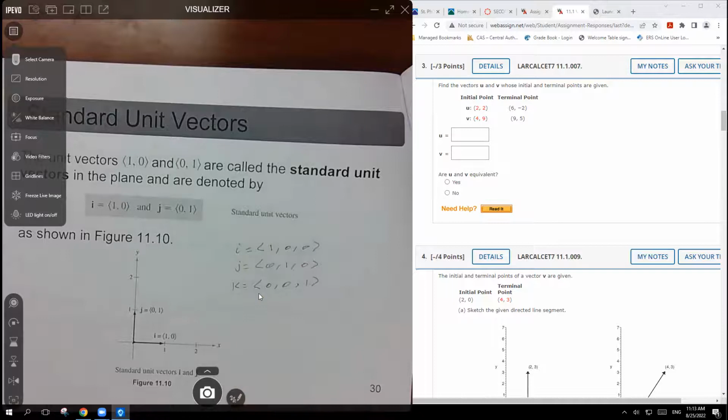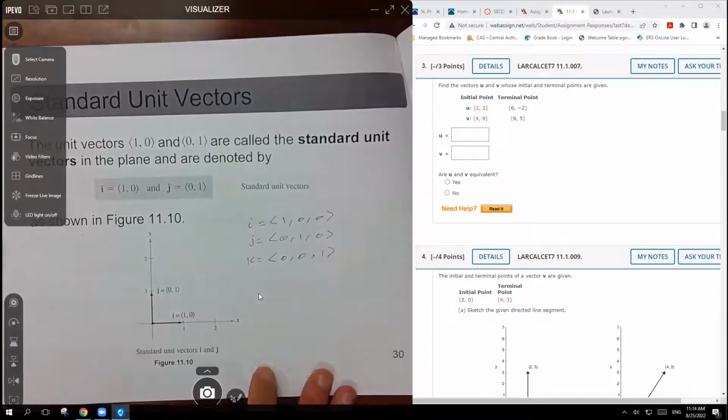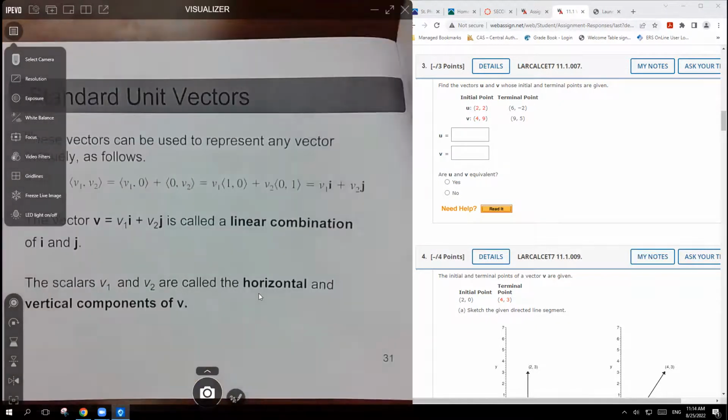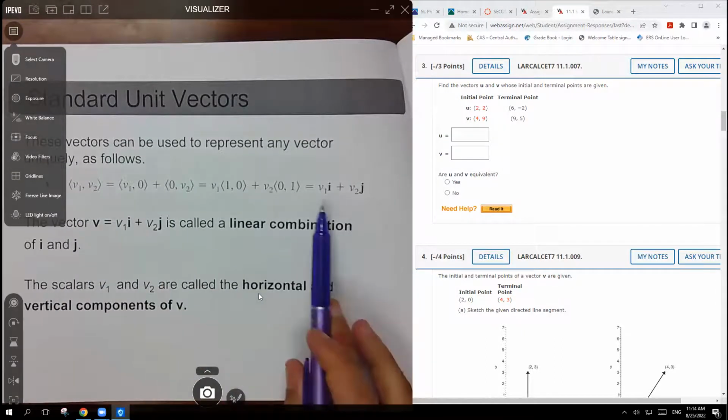The main thing now with the last pages is how to write any vector as a linear combination of the standard unit vectors. You'll see that on the next page. These vectors can be used to represent any vector as a linear combination.